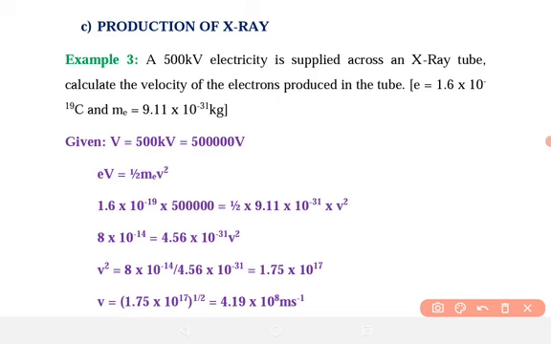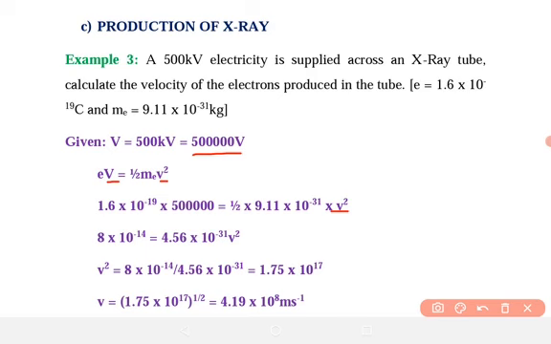Okay, now let's bring out all the parameters here. We have 500,000 volts, and we are looking for the velocity of the electron. Please make no mistake here, try to see this very well. This capital V represents the voltage, while small v represents the velocity.